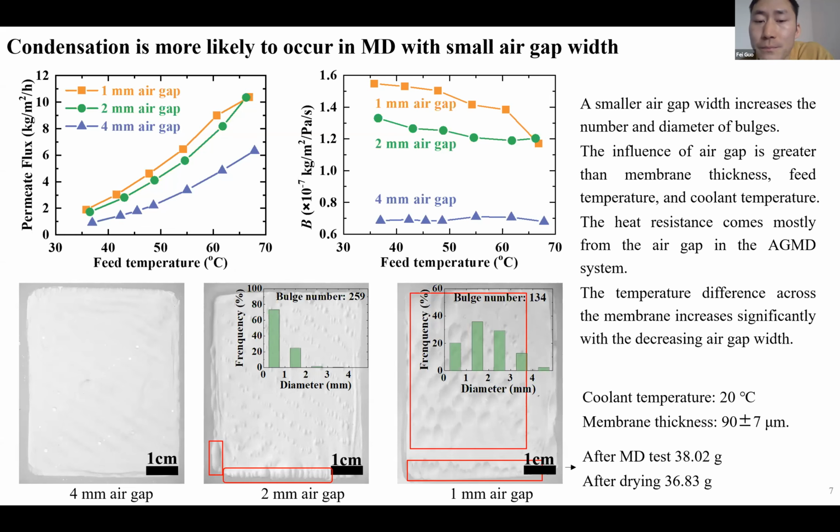We used acrylic modules so that we could see the membrane surface, and we also found some bulges on the membrane surface. The membrane weight also increased. So I think the bulge and condensation may happen in MD processes.